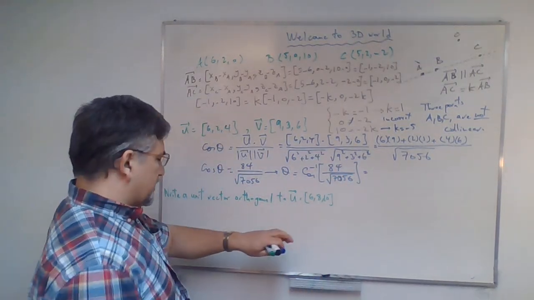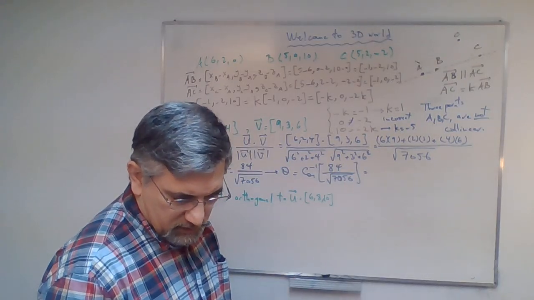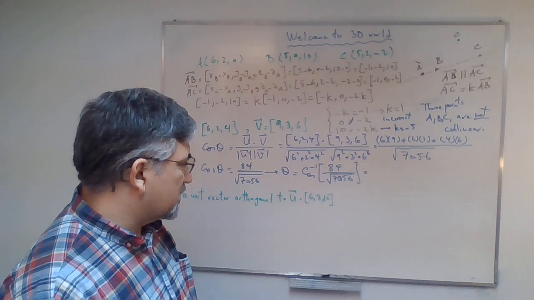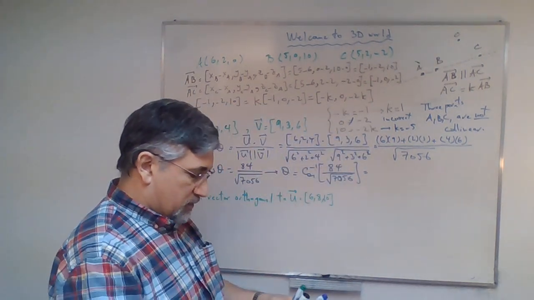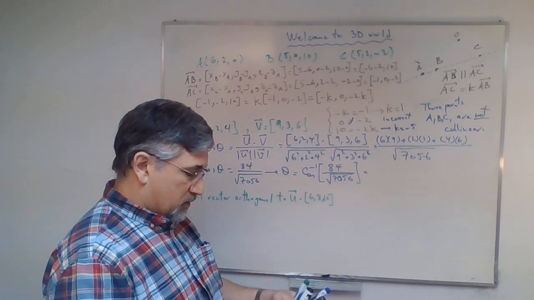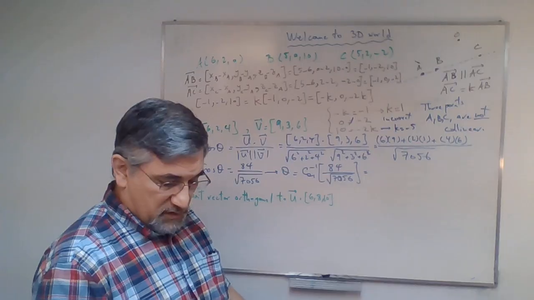Now, using the calculator, we are going to find out what this is. So, what is 84? Yes, 84 squared is actually 7,056, believe it or not.